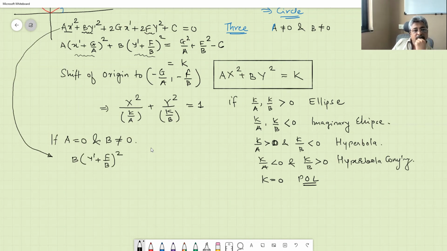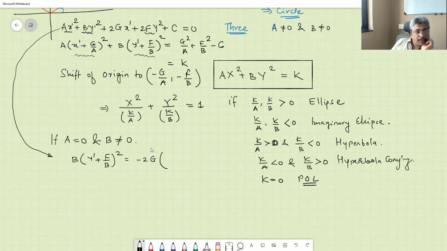Okay, so those two terms are taken care of, and then you have one x dash term which you can consider as plus 2g, or you can throw it to the other side. This is b y dash plus f upon b bracket square is equal to minus 2g.